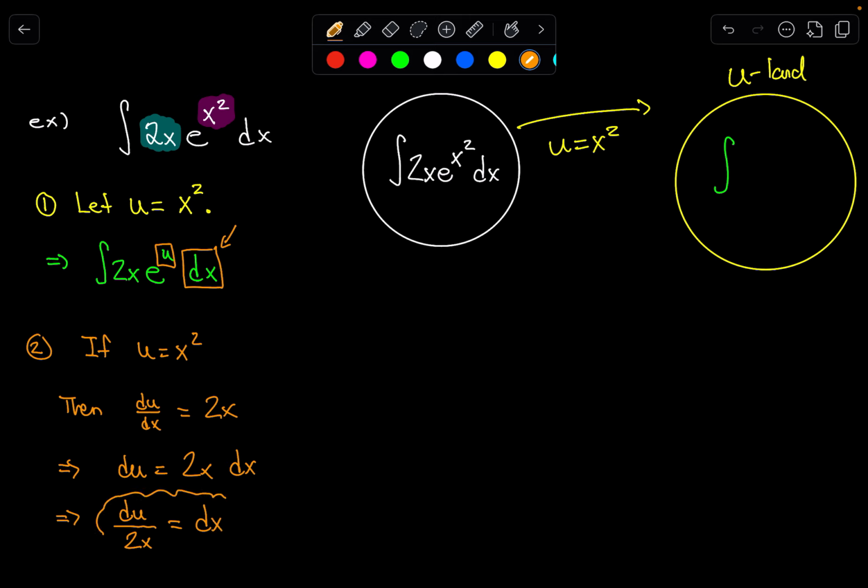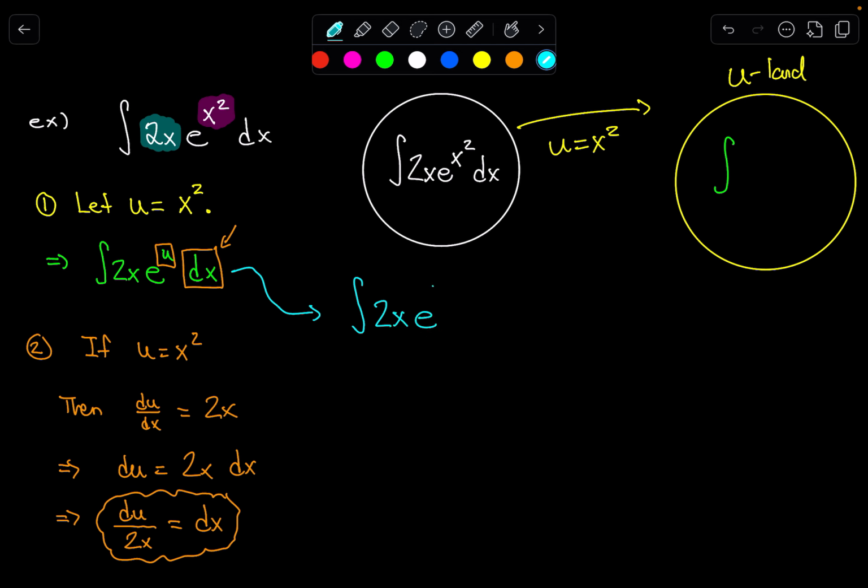And this right here is going to be our transformation. This is going to help us get our dx into something that has a du in it. And so that allows us to turn this integral into 2x e to the u times du divided by 2x. But now, because this 2x and this 2x cancel, we finally arrive at u land and we get e to the u du.